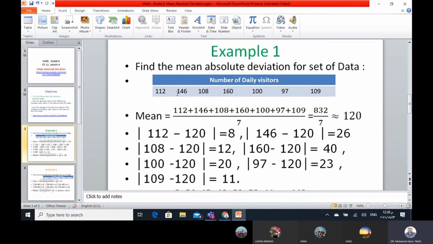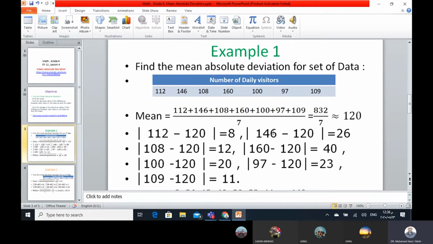As you see, we have 7 numbers: 112, 146, 108, 160, 197, 109. How to find the mean absolute deviation?